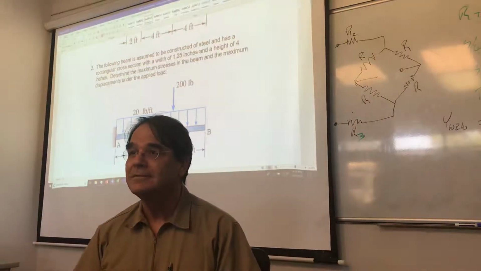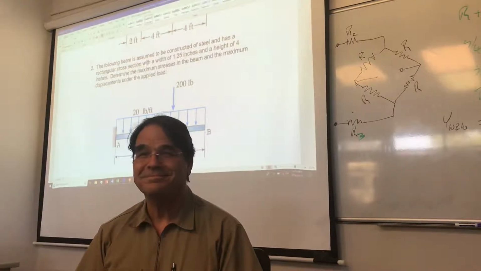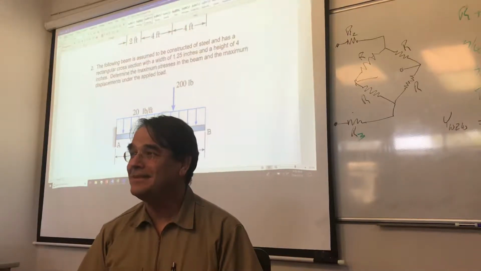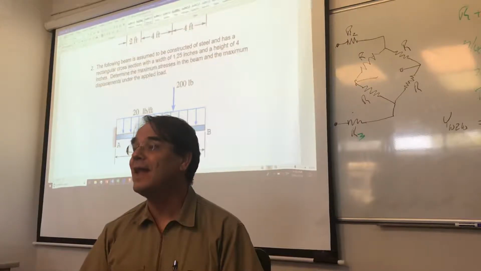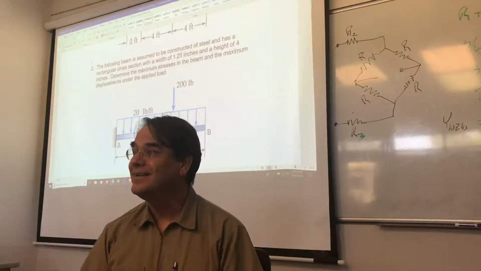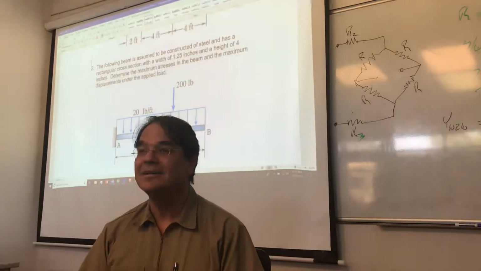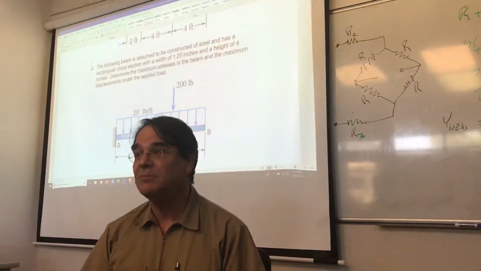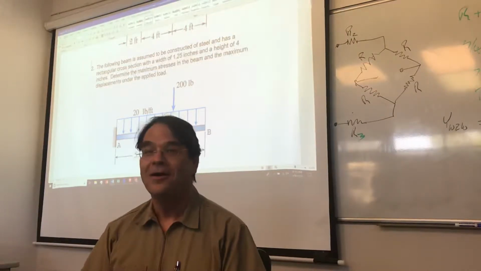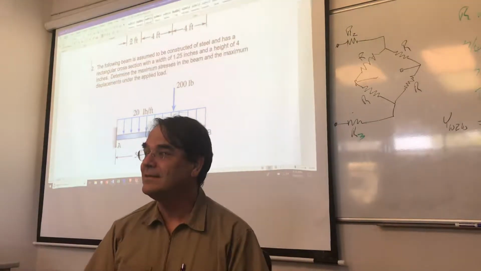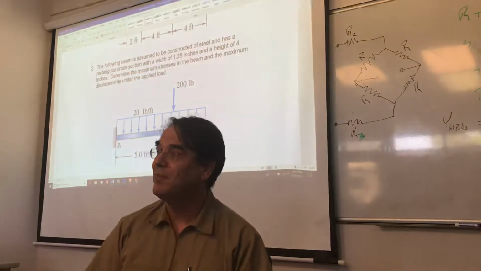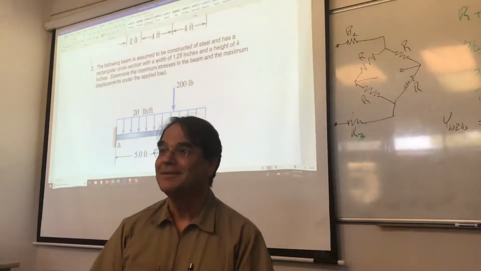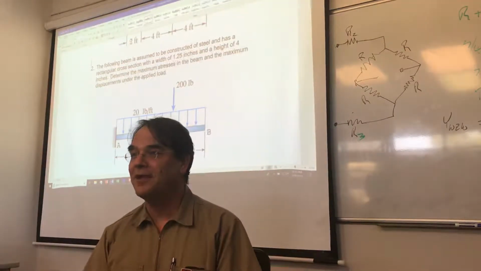Are we supposed to do our homework? What are we doing different on this? Nothing, except we're modeling it as a beam instead of as a solid. Last time we modeled it as a solid. Now we're going to model it as a beam, and you can compare the results between the two, as well as your manual calculations.